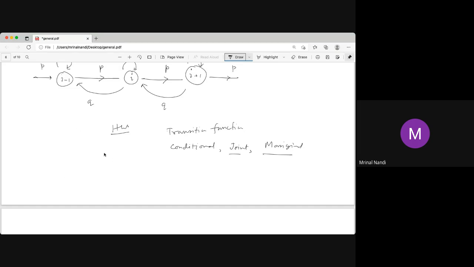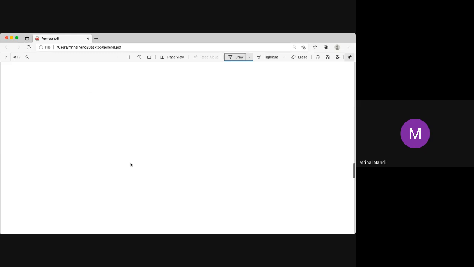In a finite case there is a concept of transition matrix, but here how do we relate this idea with a matrix? Then we have to get a new idea called infinite matrix. This is a sort of infinite matrix: 1 by 1, 1 by 2, 1 by 3, 1 by 4, dot, dot, dot.